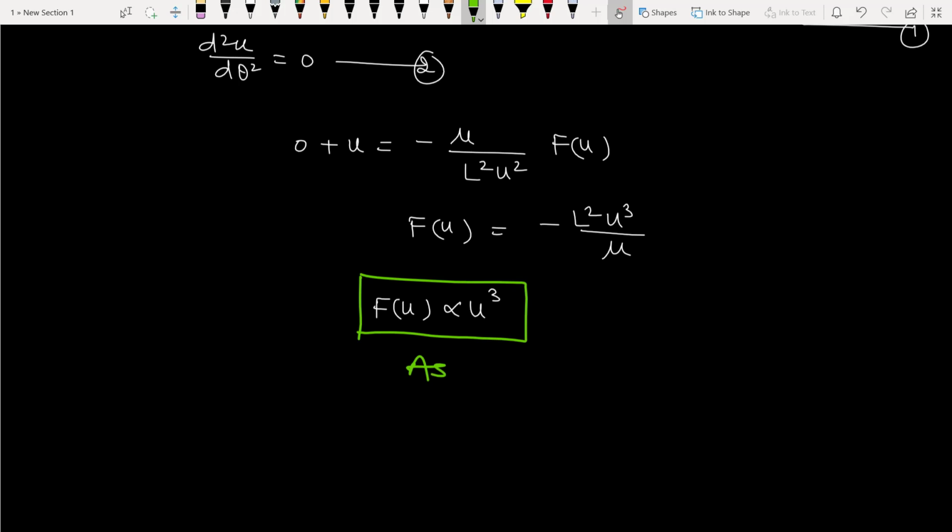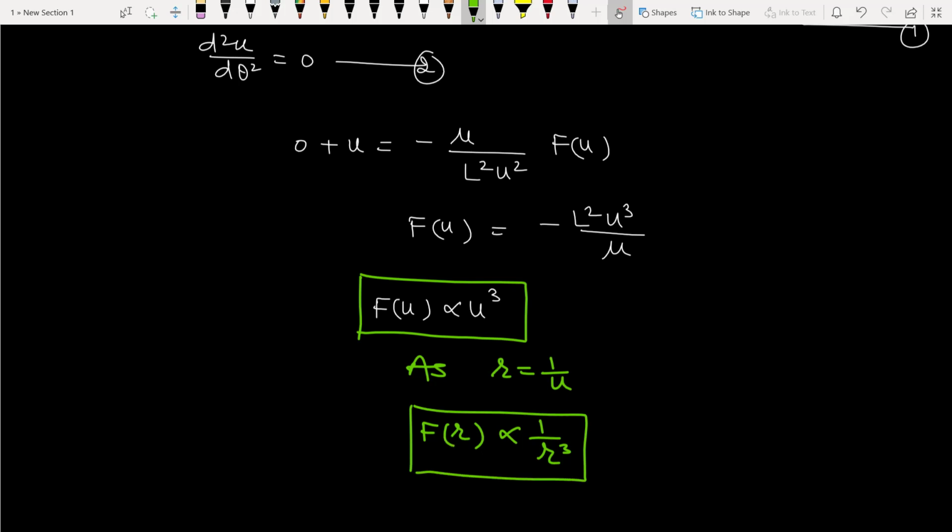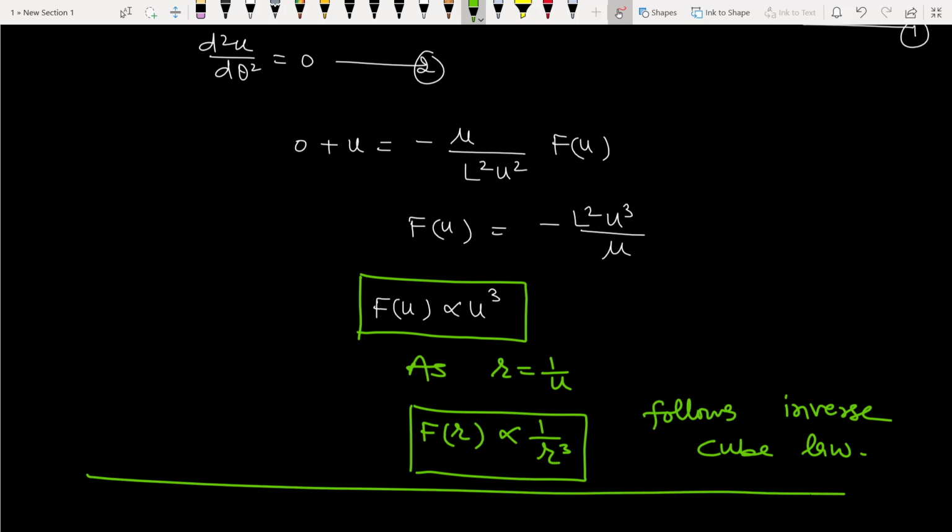As r is equal to 1 by u, F(r) is proportional to 1 by r cube. So our force law follows the inverse cube law. This was a very simple numerical.